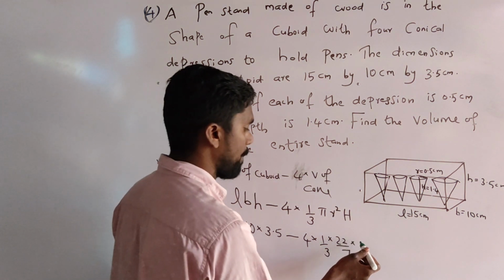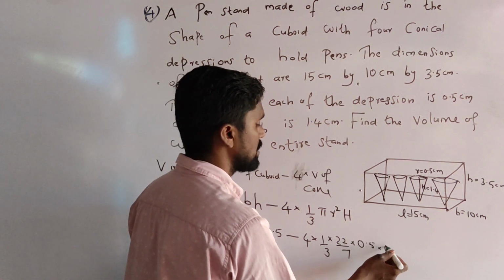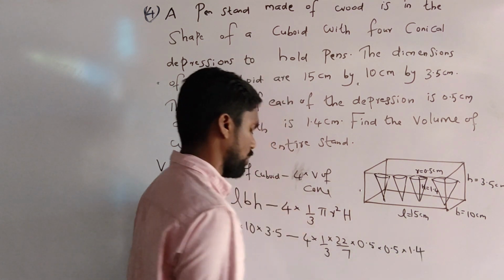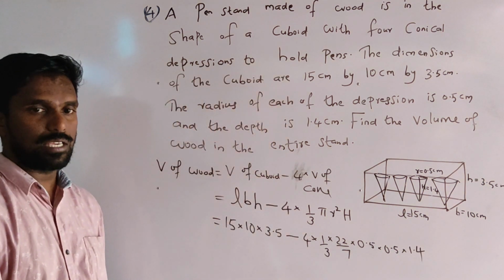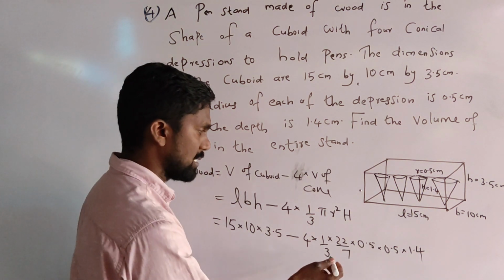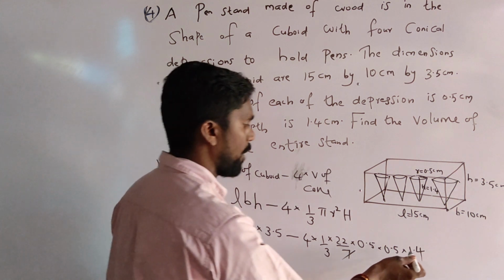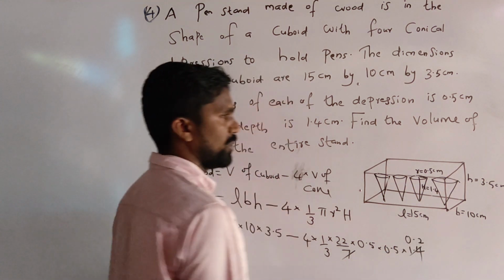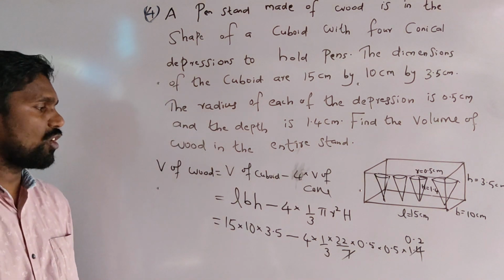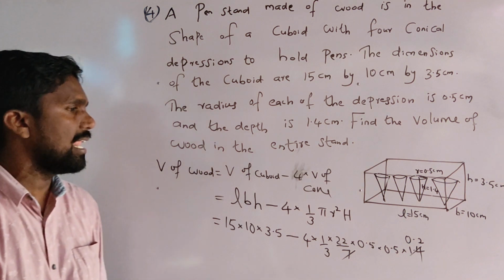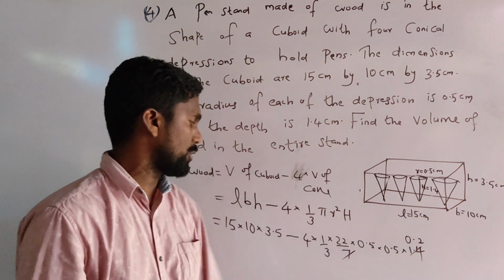That is 0.5 into 0.5, height is 1.4. So that means this 7 and 1.4 you can cancel. That is 0.2.